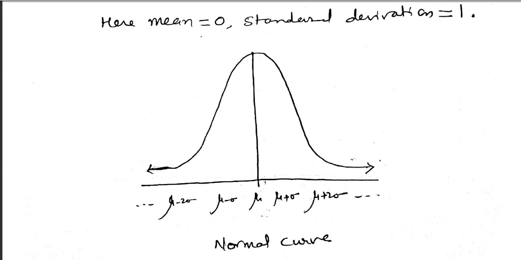So what is the curve? This is a symmetric curve, or in other words we can say the normal curve is symmetric with respect to mu, where mu is equal to mean. So the normal distribution curve is symmetric.